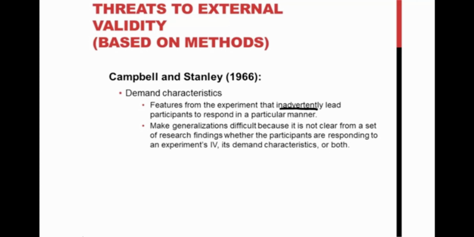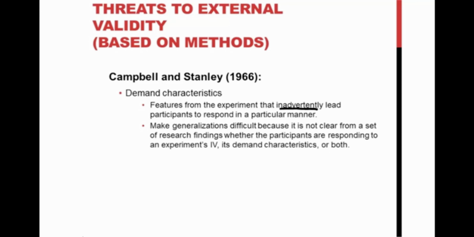Now, volunteers inherently are a special group of people. They are more willing to please, they're interested in research, they tend to be more highly educated. They tend to also try and figure out what's going on in the study in order to kind of help along the study. And because they are just nice people, this is inadvertently leading our results down a certain path.